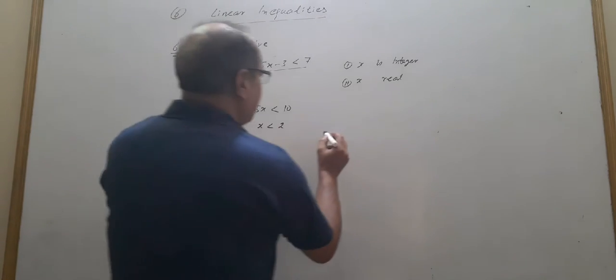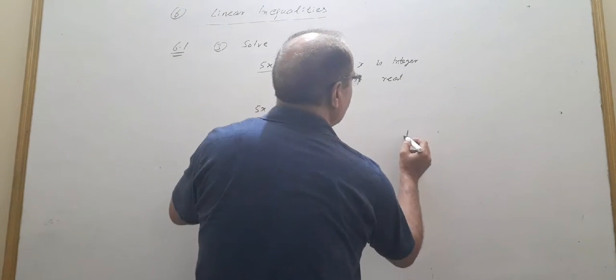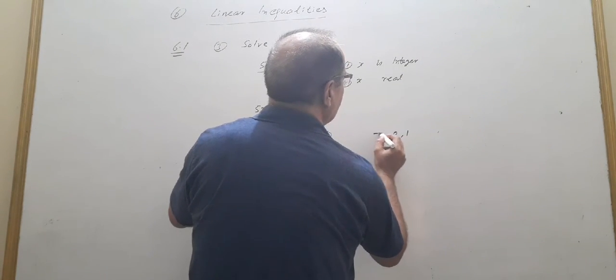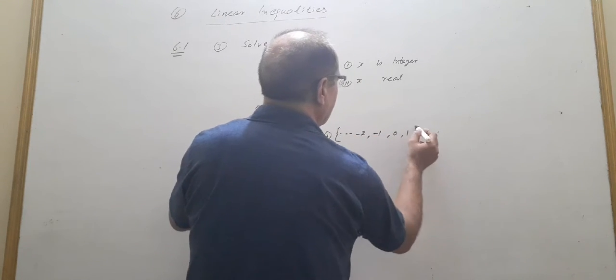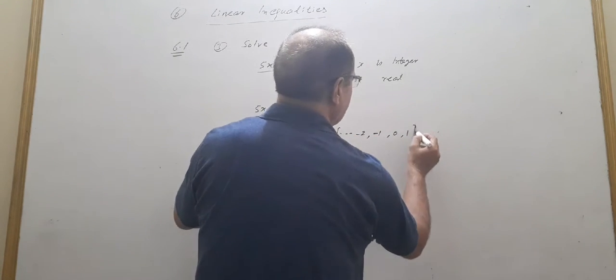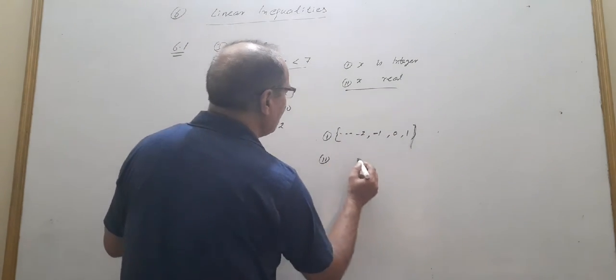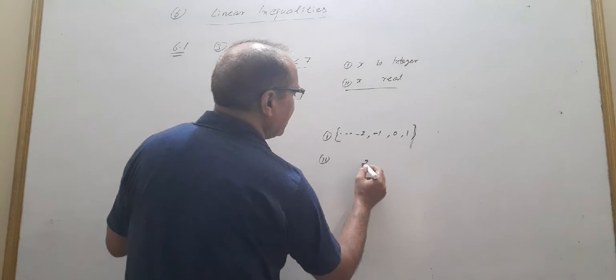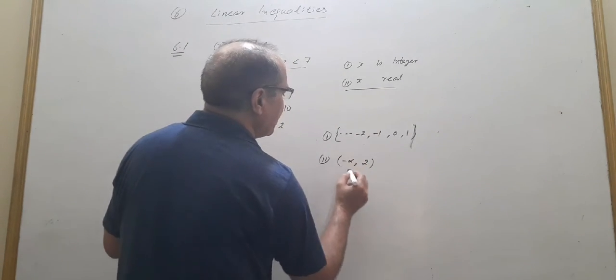Now in the first case, x is an integer less than 2, that is 1, then 0, then minus 1, and minus 2, and so on. There are so many integers less than 2. In the second case, when x is real, the result will be written as less than 2, with an open bracket, and up to minus infinity.